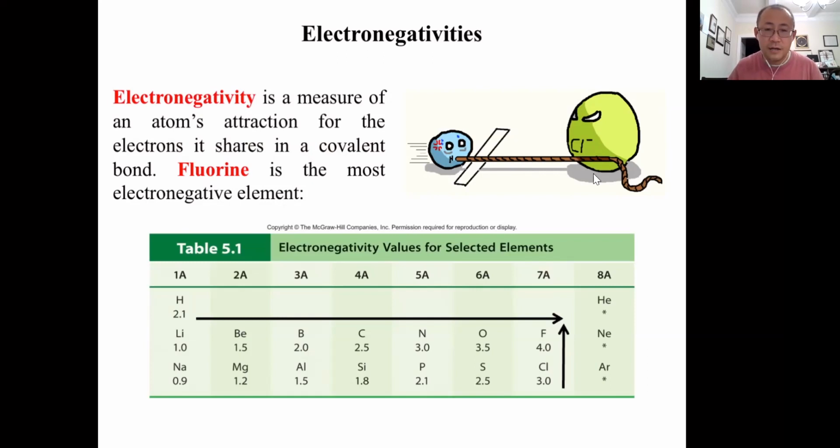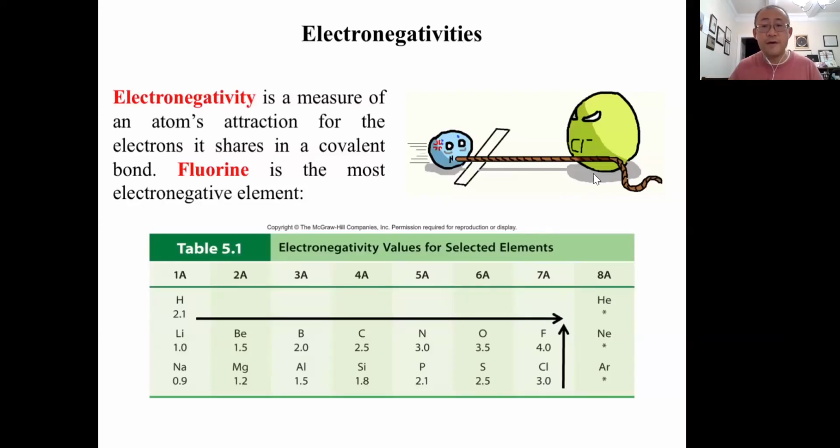If an atom attracts electrons stronger, that atom has stronger electronegativity. If an atom does not attract electrons as strongly, then that atom has weak electronegativity. Non-metal atoms normally attract electrons stronger than metal atoms.